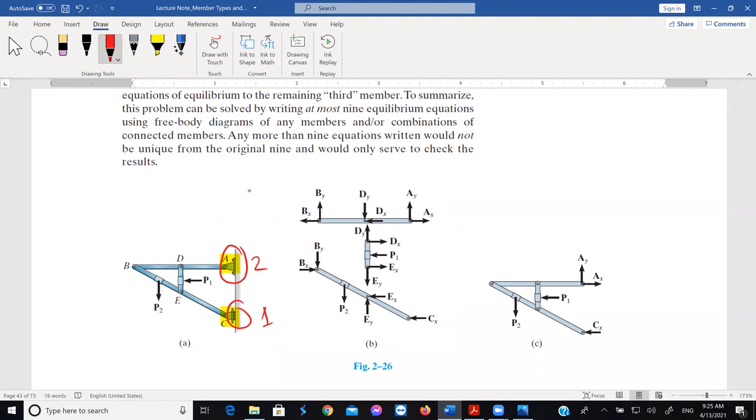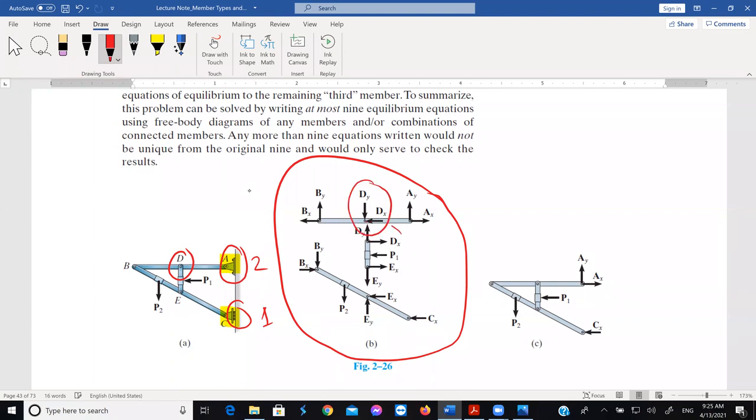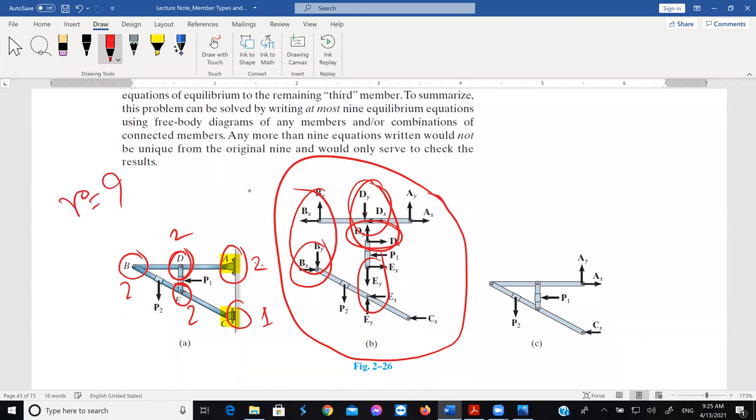At the same time, when we take the free body of these members, as you can see in figure B, we will have two forces at pin D, Dy and Dx, and that must act on the other member in equal magnitude but in opposite direction. So we will have two force components at E as well, and two force components at B. So we have total unknowns of 2, 1, 2, 2, and 2, which is 9 unknown reactions.